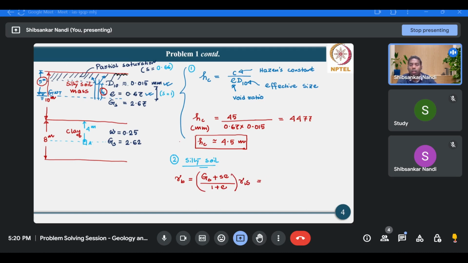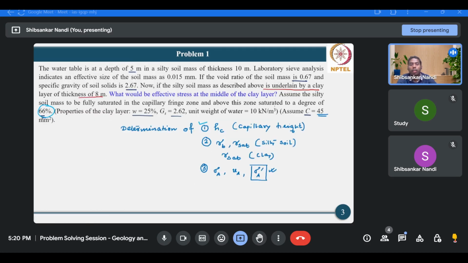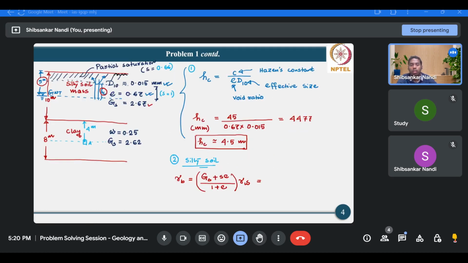Now for the silty soil, what is the value of Gs? So it's 2.67. Then e, it's 0.67. Gamma w, we can take it as 10 kilonewton per meter cube. It's also mentioned in the problem statement. And what about S? So for bulk, the S value we'll take as 66%. So we'll substitute these values in this expression. So (2.67 plus 0.66 multiplied by 0.67) divided by (1 plus 0.67) multiplied by 10.